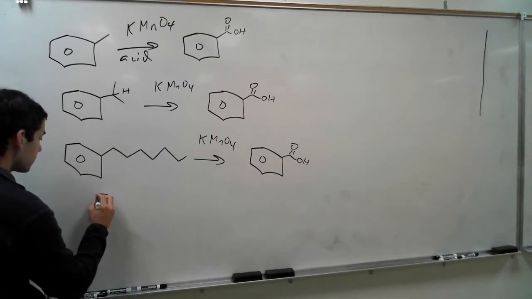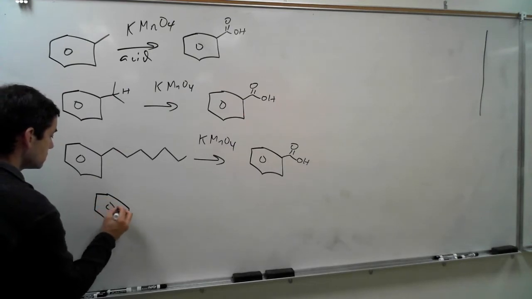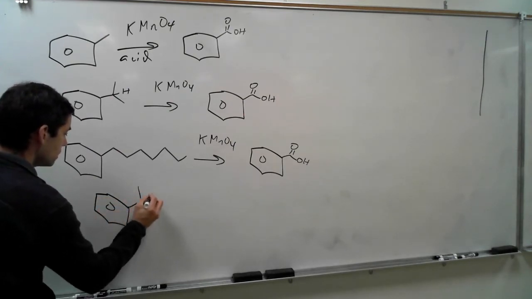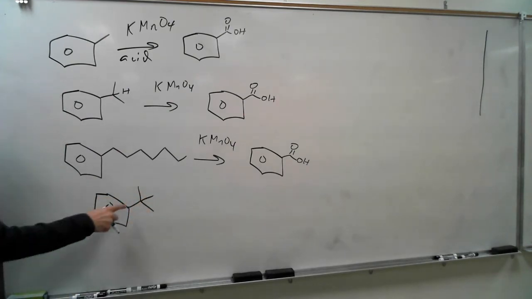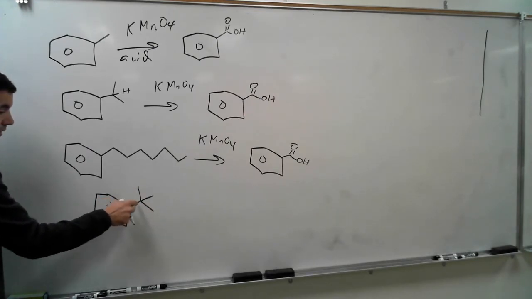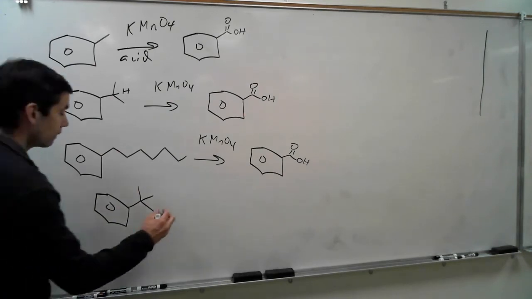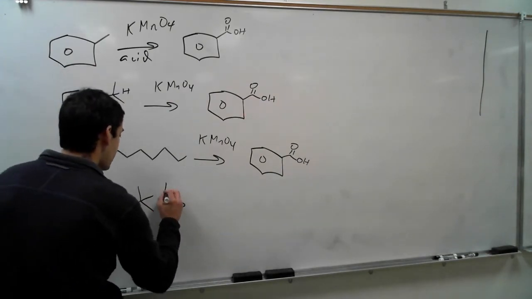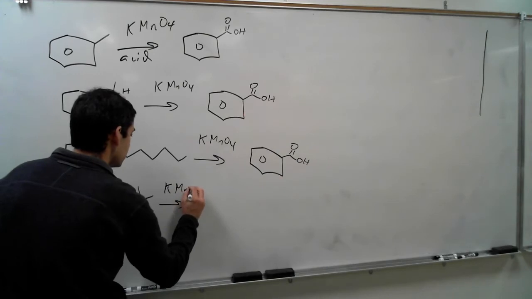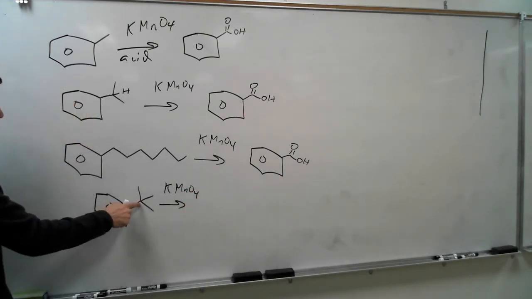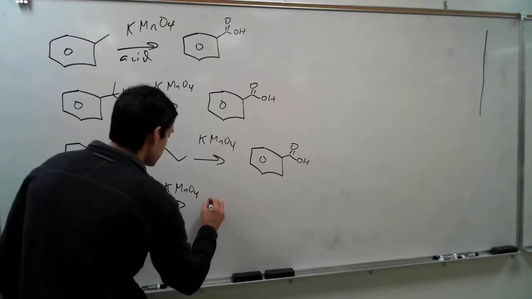Now, what if I do something like this? Notice here, now I have just 3 carbon groups attached to this benzylic position, right? There's no place to have it, there's no CH bond. So if I try to react KMnO4 with this, what do you think happens? Since I don't have a CH bond here at the benzylic position, I get no reaction.